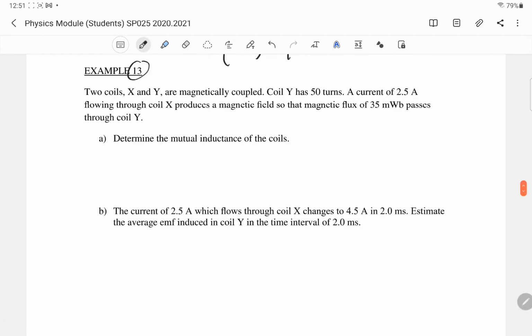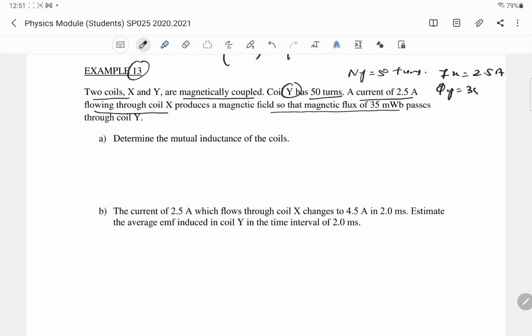Okay, number 13. Two coils X and Y are magnetically coupled. Coil Y has 50 turns. The current 2.5 ampere is flowing in coil X, IX is 2.5 ampere, so that the magnetic flux passing through Y, flux Y, is 35 milliweber.